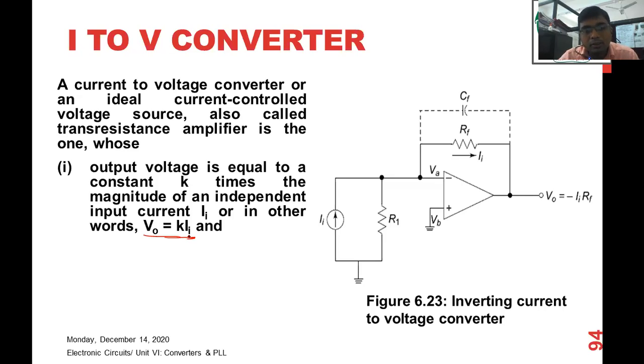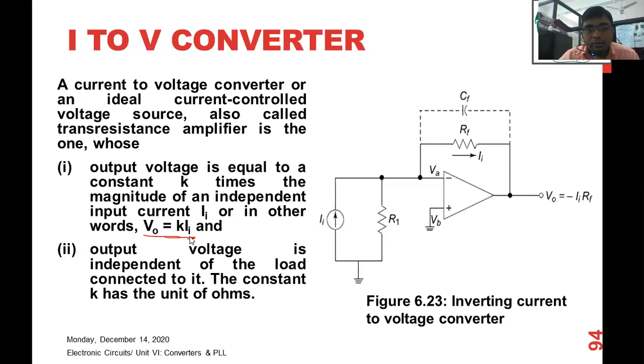Now here V0 is proportional to I. And second, the output voltage is independent of the load connected to it. The constant K has the unit of ohms.